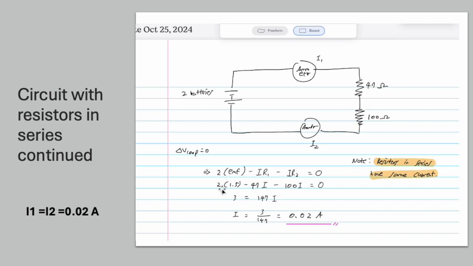So we can see that 2 times 1.5 volts minus 47I minus 100I is equal to 0. By rearranging the equation, we can see that 3 equals 147I, and I was found to be 3 over 147, which is equal to 0.02 ampere. So the math checks out.